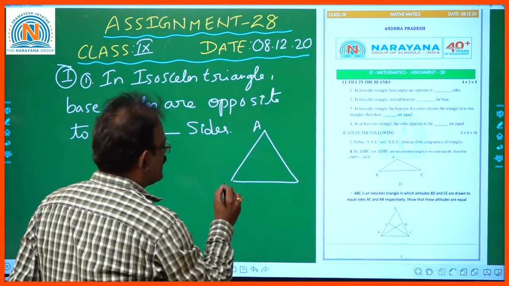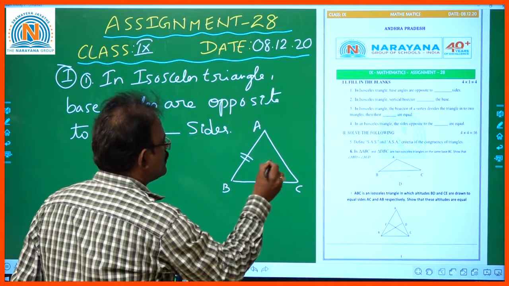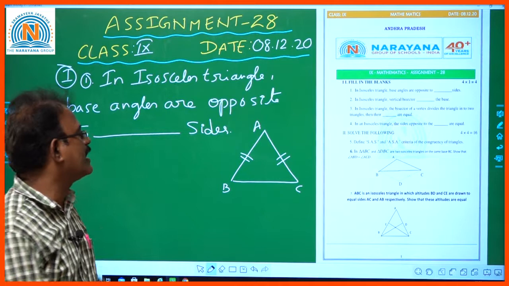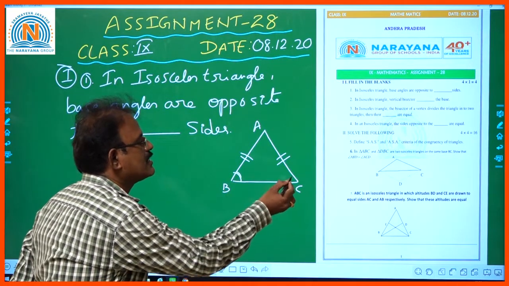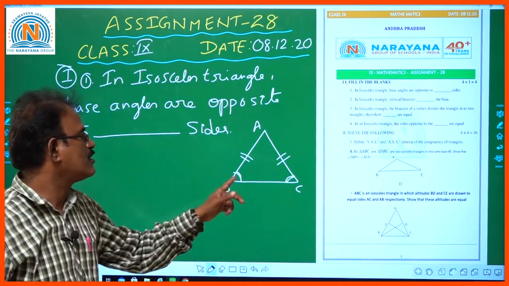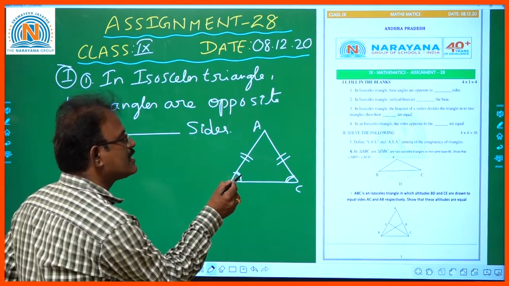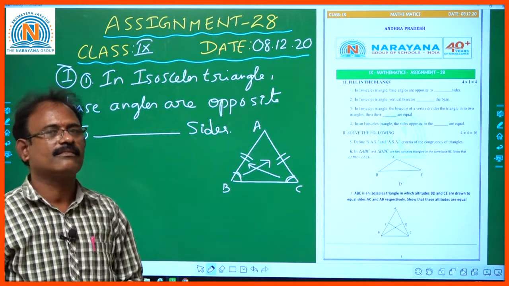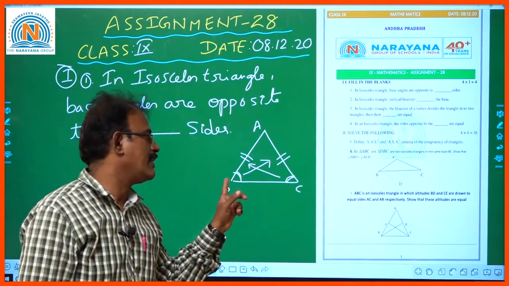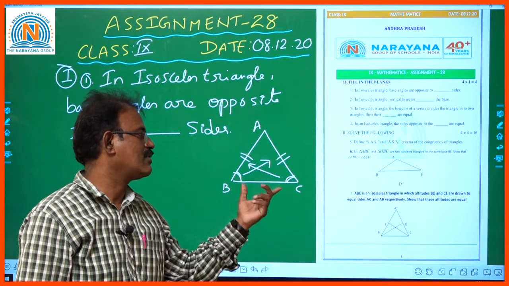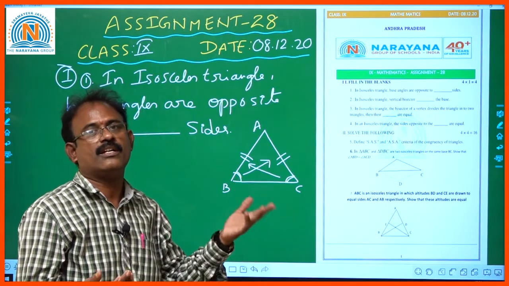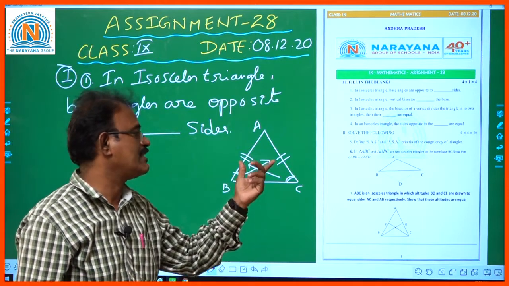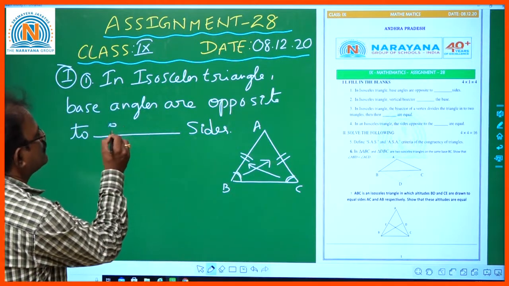Okay, so as I said, for example, isosceles triangle means two sides are equal. Then which angles are called base angles? These two angles are called base angles. So what is the nature of the sides opposite to base angles? Equal, because base angles are equal angles, and equal angles and equal sides are opposite to each other. Therefore, the sides opposite to base angles are equal.